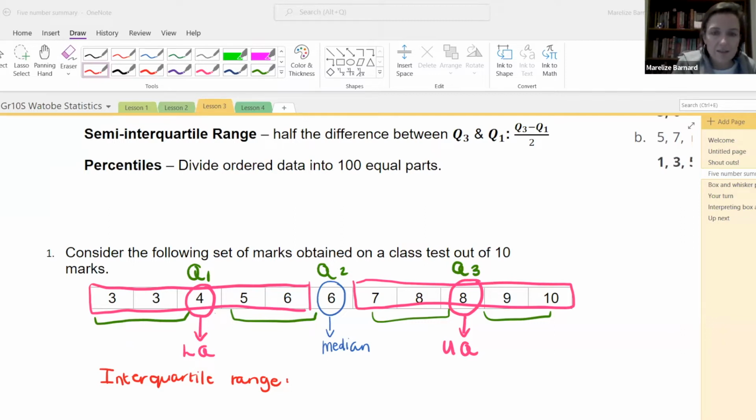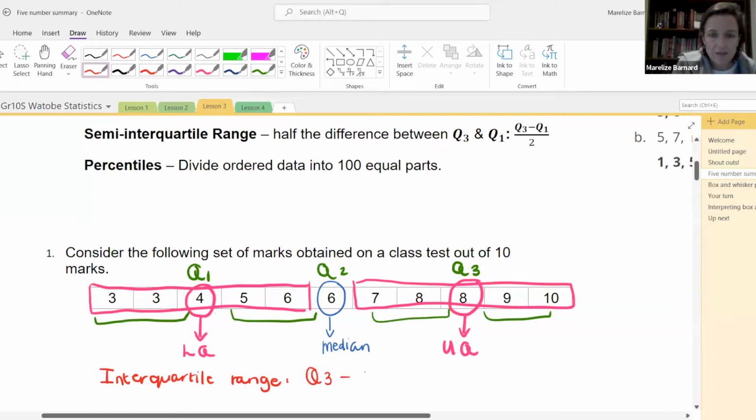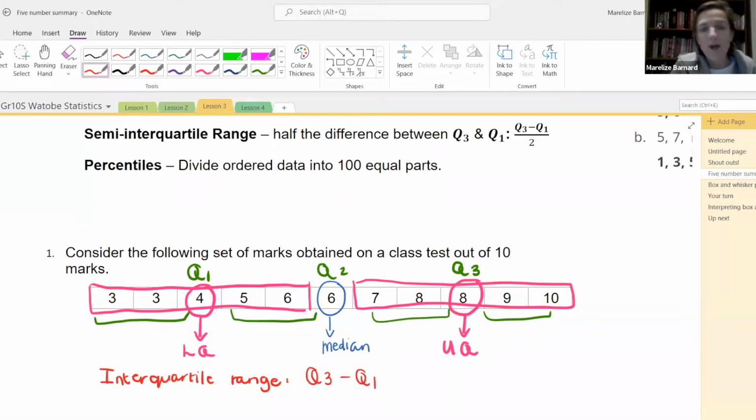That's right. The interquartile range is Q3 minus Q1, or upper quartile minus lower quartile, and that is 8 minus 4, and that gives me 4. Okay, so that's how we do it.